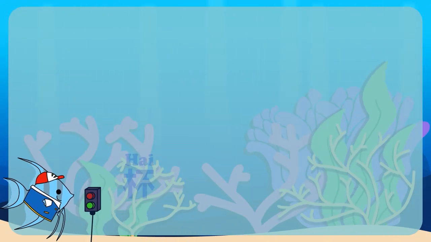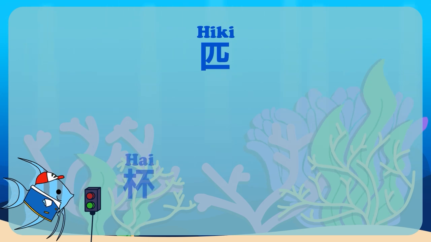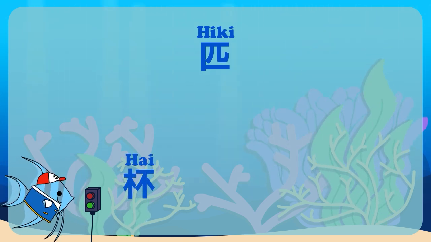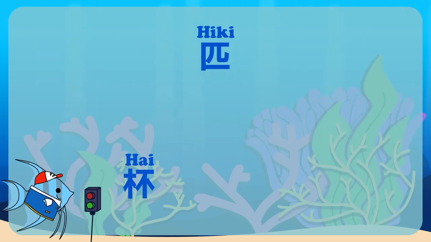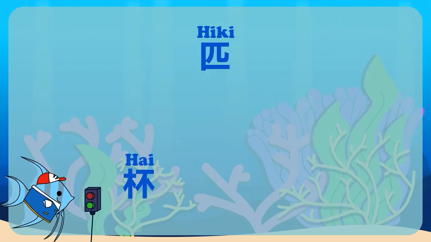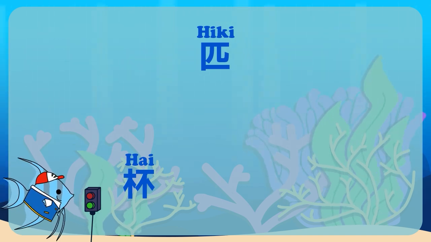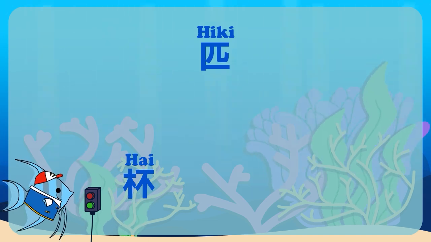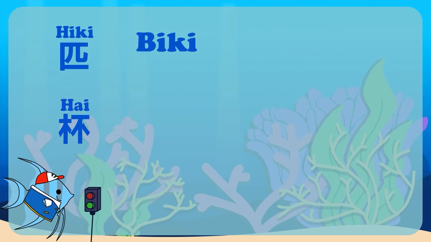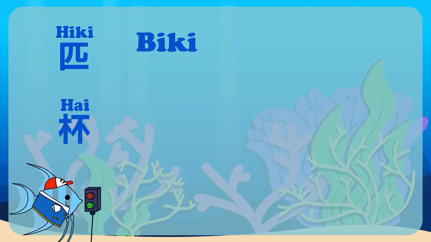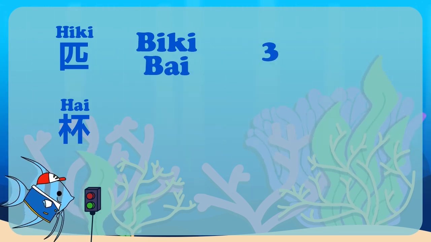Some counters like 匹 and 杯 change the way the counter is said to make it easier to roll off the tongue, just like English has a for consonant words like a Piplup and an for vowel words like an Empoleon. So, 匹 becomes びき and 杯 becomes 杯 for 3 and 1000.